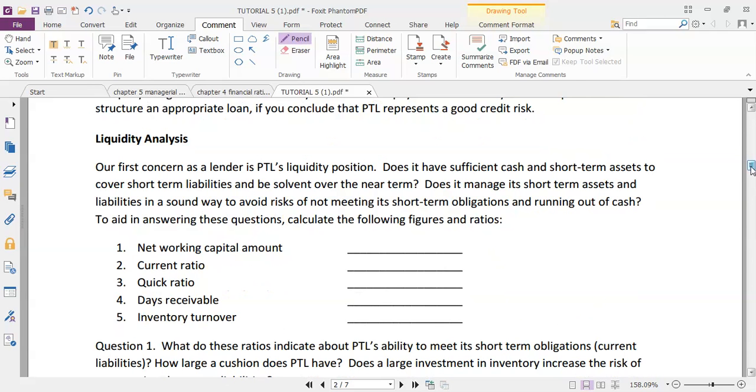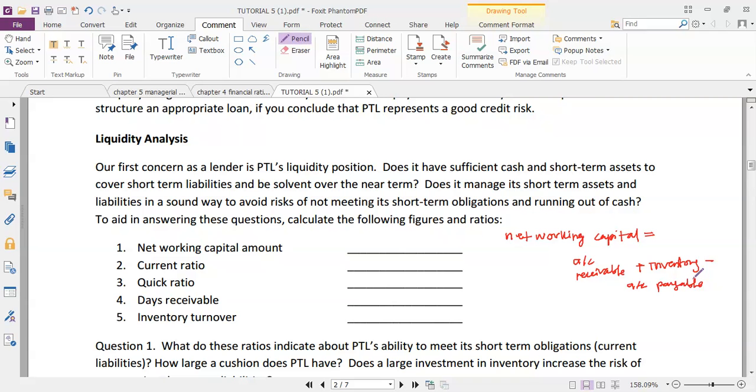So net working capital is equal to account receivable plus inventory minus account payable.